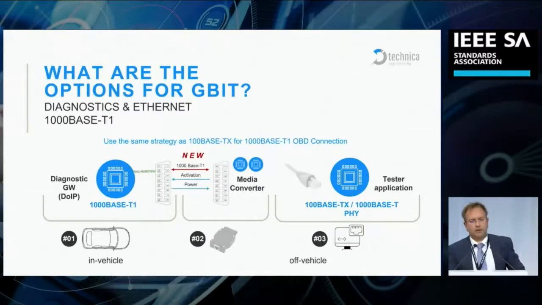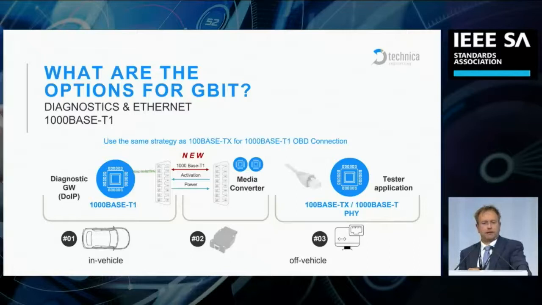Now when we talk about gigabit, and that's important to understand, we do a very similar thing. From the left side, we now talk about the gateway, where there's only one twisted pair connection to the diagnostic interface. There is one pair with full duplex based on the 1000BASE-T1 standard to a media converter outside of the car.